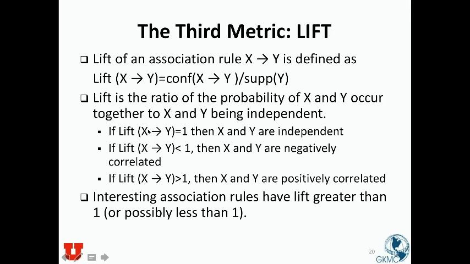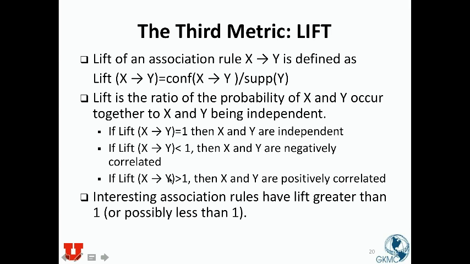When the numerator and denominator of this ratio are equal, so the ratio is 1, that means that the x and y purchases are totally independent. And is that interesting? Probably not.